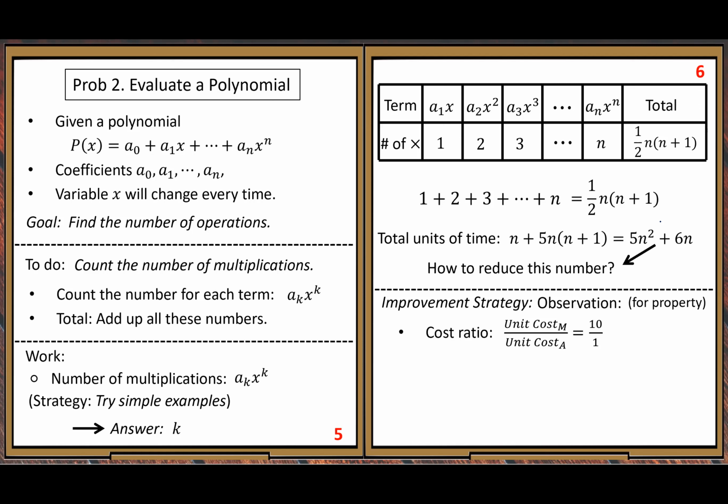What does this number tell us? That's a pretty big ratio. From this big ratio, what conclusion can we get? Let me point out the conclusion.